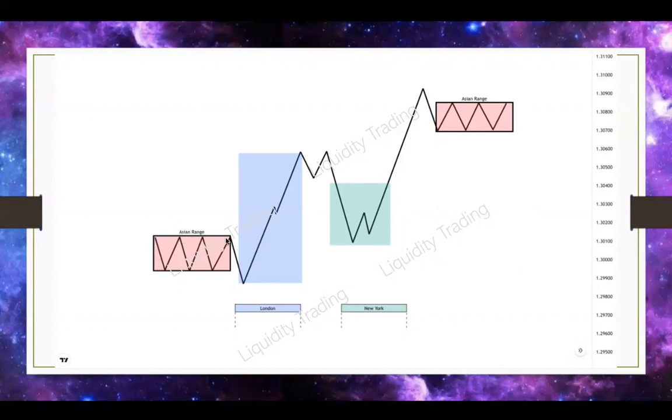The Asia range usually would be swept by the London Open, so we would like to see the market trade below the Asia range lows. It's not important to trade below by a lot. It's just enough if it trades below slightly, just with a small wick.